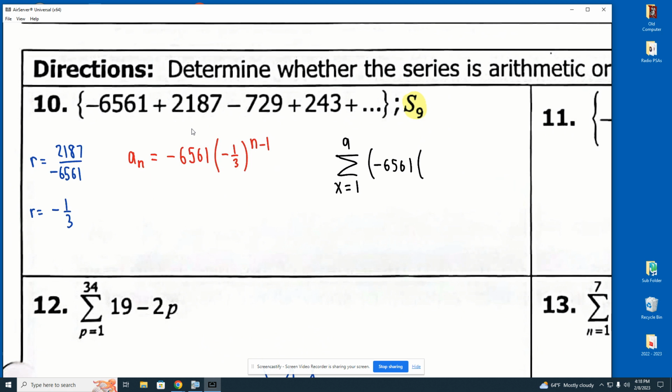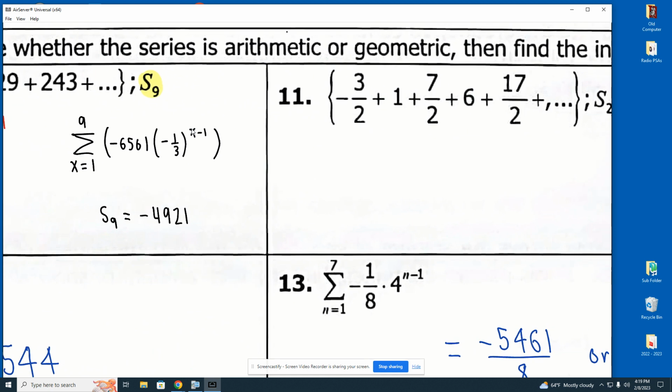Open up a new parenthesis, do negative 1/3, close that parenthesis, and raise it to the n minus 1. Actually, sorry about that. Not the n minus 1, the x minus 1 power. And then that is all inside the original parentheses. And if I type that in correctly, that will give me my S sub 9, the sum through my 9th term. And the answer here was negative 4,921. So that was pretty easy.